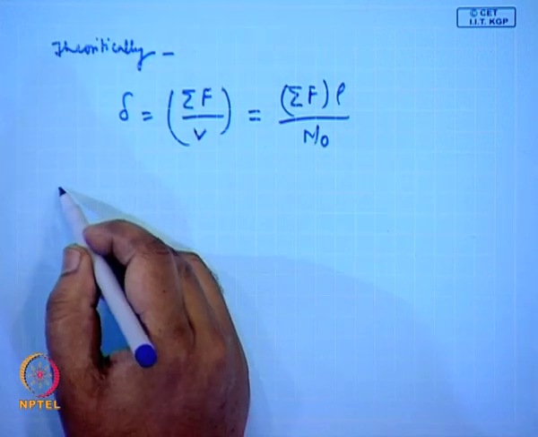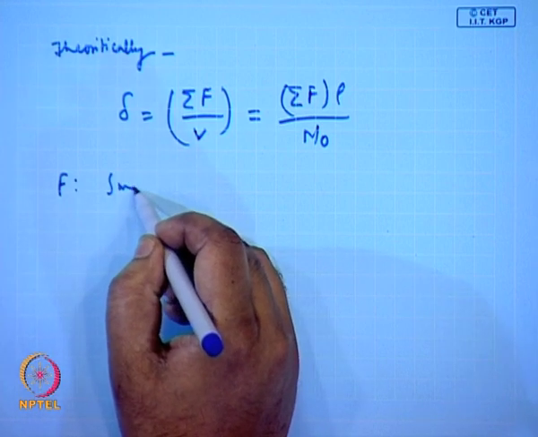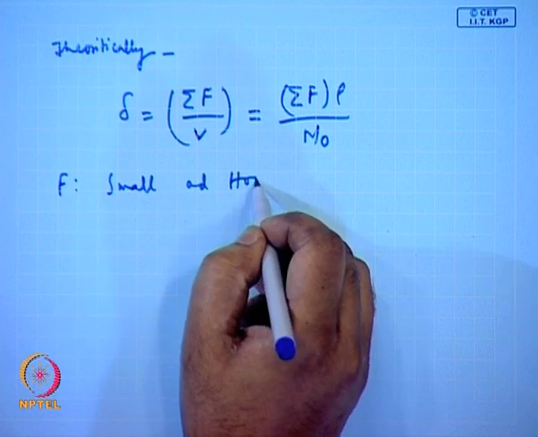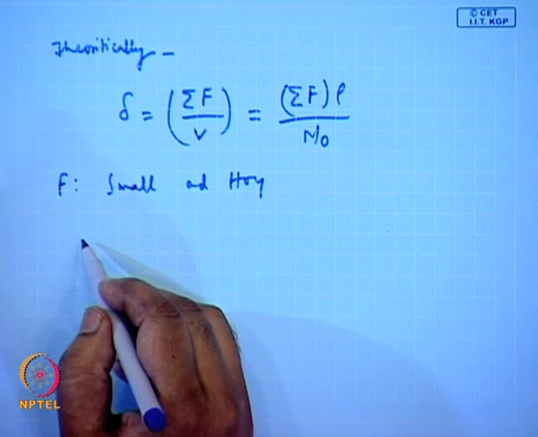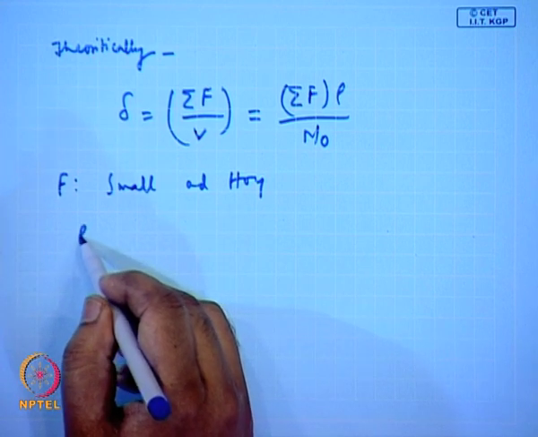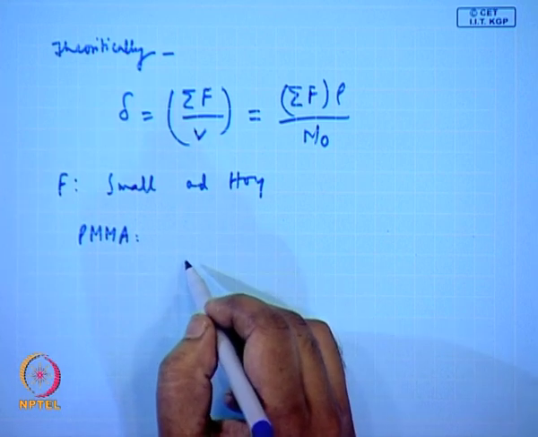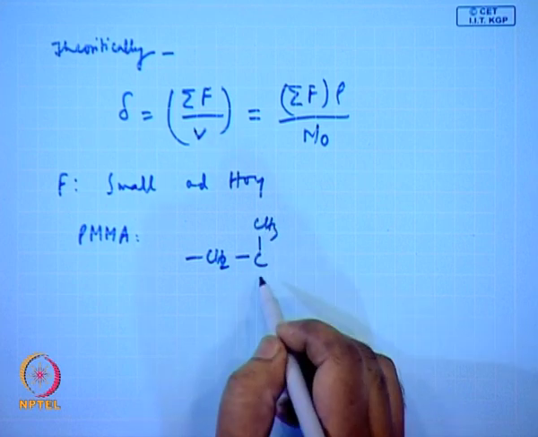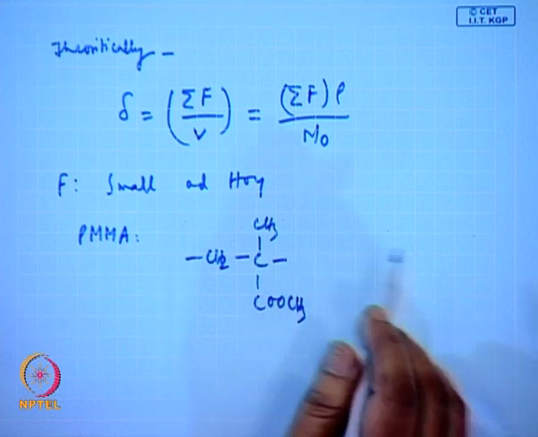Now, the F values are given by Small and Hoy, and let us look at one example. Say we take PMMA, polymethyl methacrylate, the structure of which, as you know, is this.